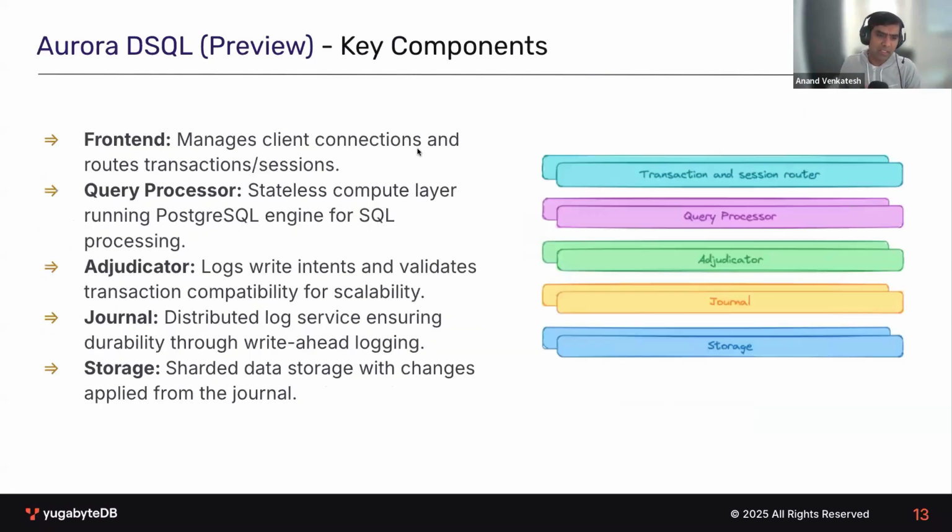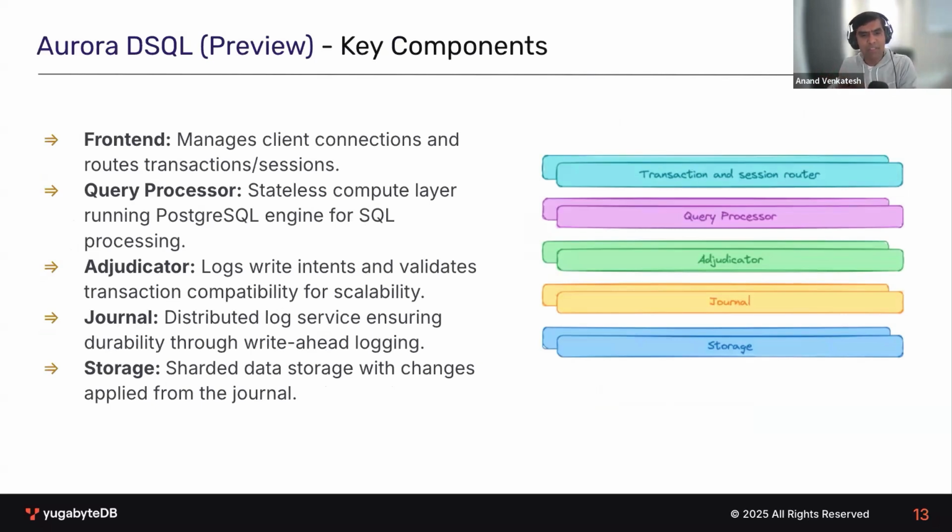Let's look at DSQL in the component view. It has a front end. This handles client connections using the PG protocol, manages the transactions and sessions, and directs connections to the appropriate instance underneath. DSQL reuses the Postgres engine for the query processor, for query processing, rewriting, planning, and execution.